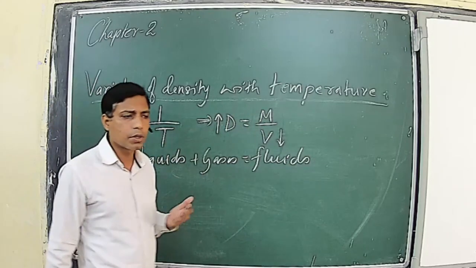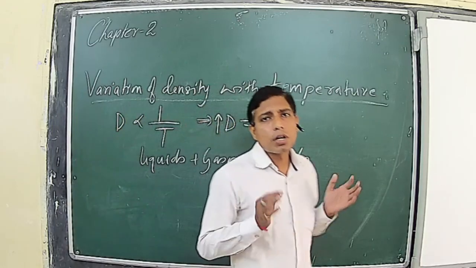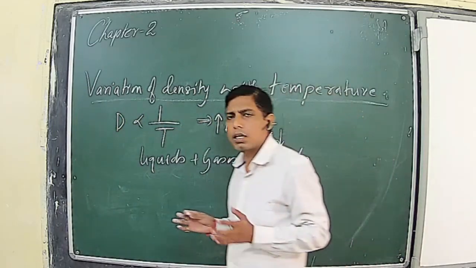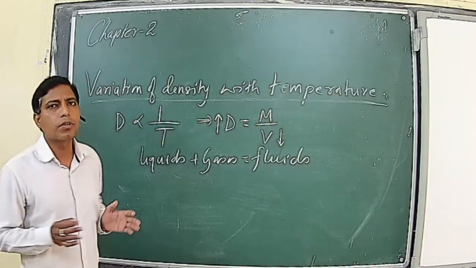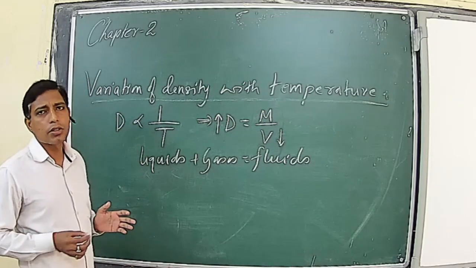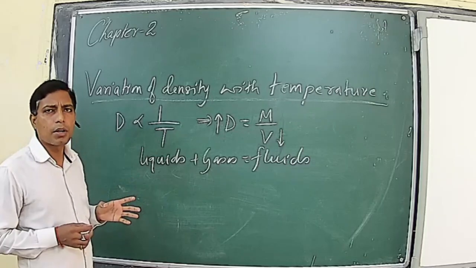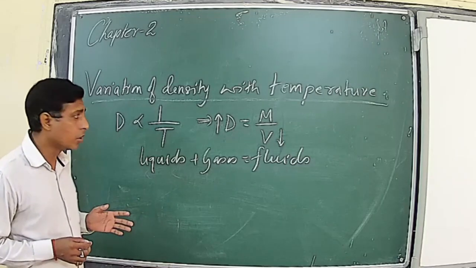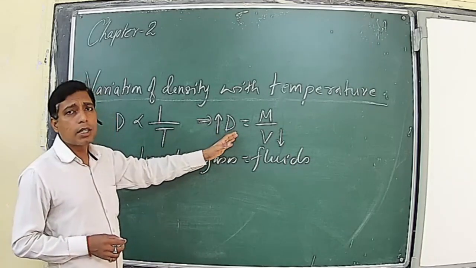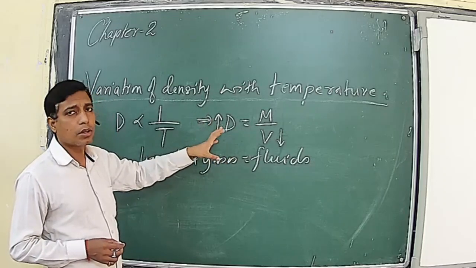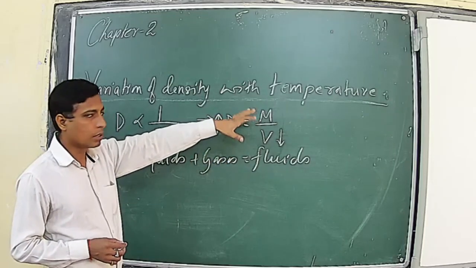The reason is very simple: in solids the molecules are compactly packed. They are held with a very strong intermolecular force of attraction. So on heating solids, with rising temperature, they undergo a very negligible increase in volume. So we normally say that there is no change in the density of solids with rise in temperature.